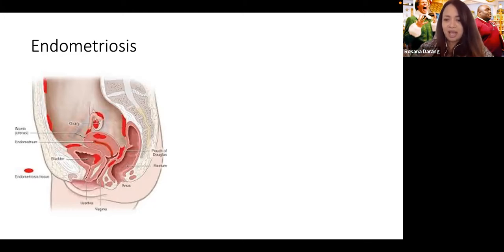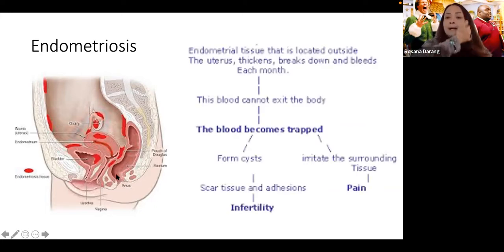So much cramping happening there. And then there's also bleeding every single month from this endometrial tissue elsewhere.